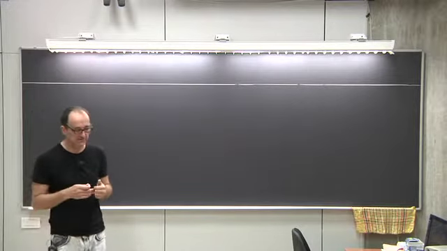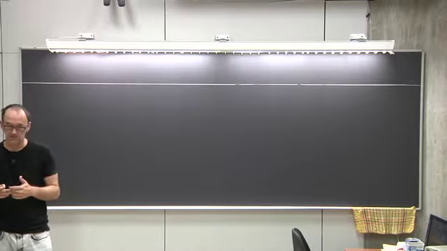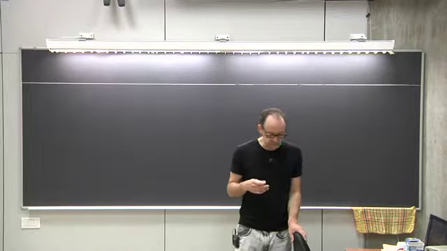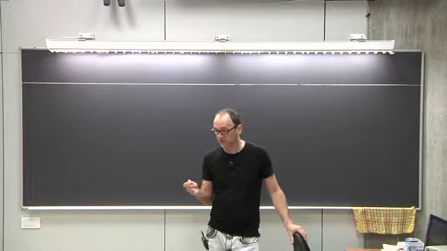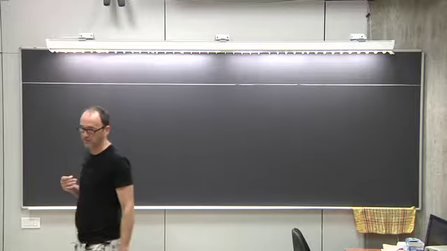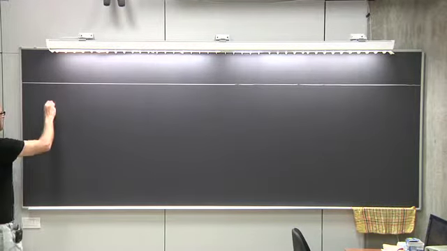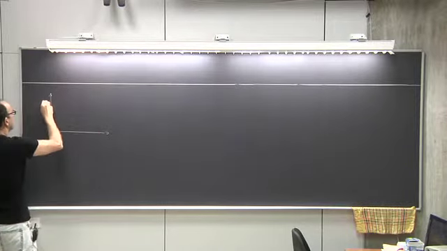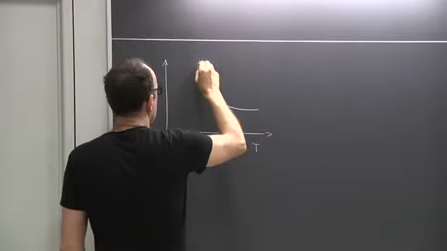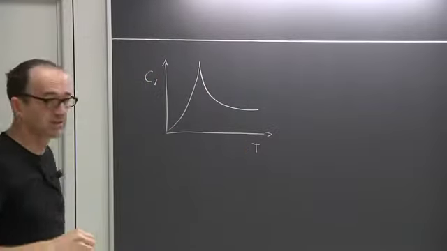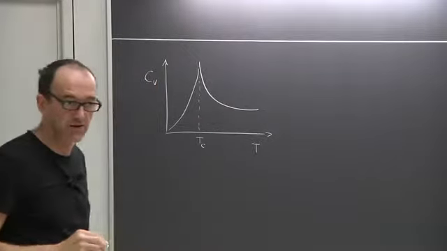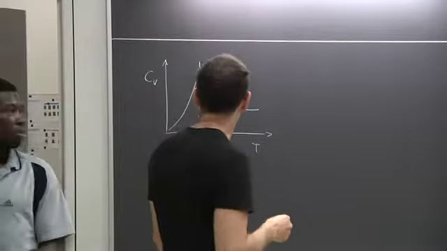Even so, for example, helium-4, which is a boson, because there are 4 nuclei, undergoes a phase transition at very low temperature, around 3 Kelvin, and this transition has some features of a Bose-Einstein phase transition, because people have measured the specific heat as a function of temperature, and this displays a cusp-like behavior like this, which is similar to the one of Bose, which we have discussed last time for Bose systems.